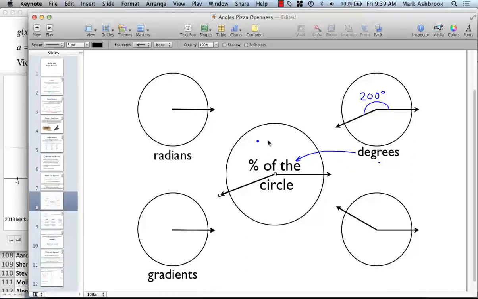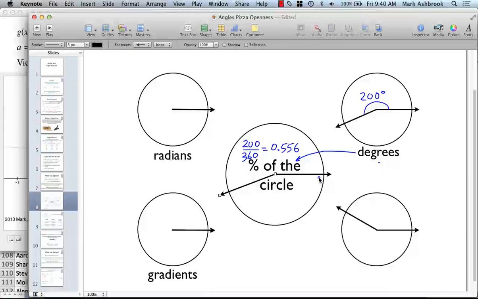Is it 0.55? What fraction of the circle is 200? Yes, 0.55, that sounds right. Or what percent is that? 55 point, one more decimal place, 6. 55.6% or 0.556.